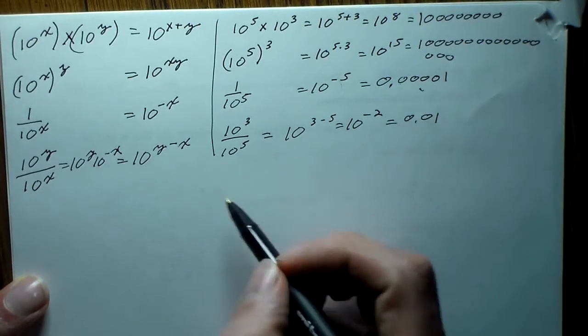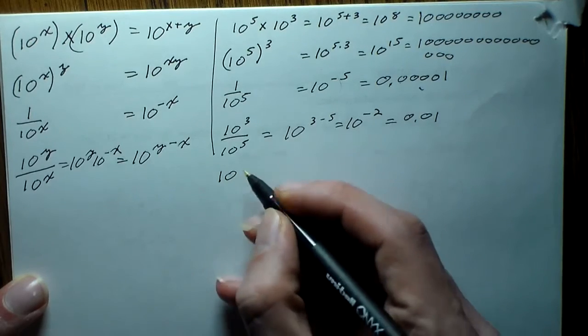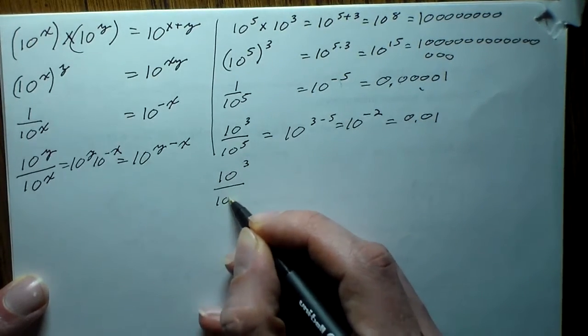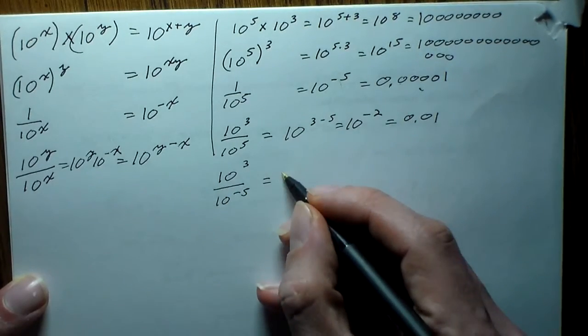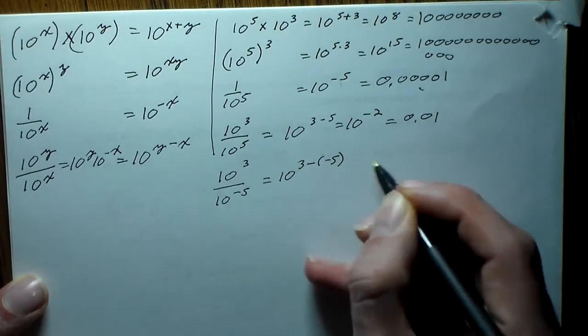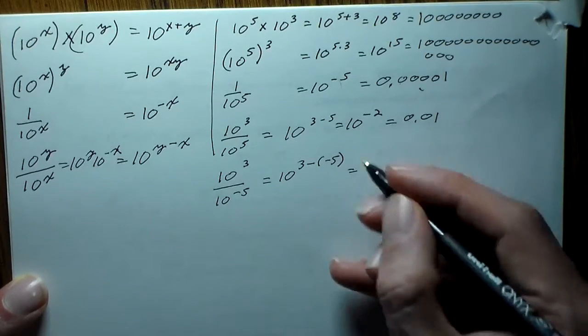All right. Oh, and then just as another little example, let's just say I were to go here, 10 to the 3 divided by 10 to the minus 5. Well, in this case, it's going to be the same thing. We're going to have here 10 to the 3 minus now a negative 5, which is going to be, 3 minus a negative 5 is 3 plus 5.